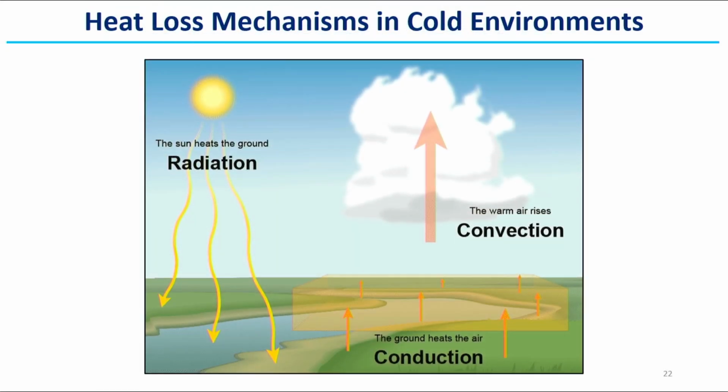So, these are the different types of heat loss mechanisms: radiation, conduction, and convection. They are the main mechanisms of heat loss from the human body.